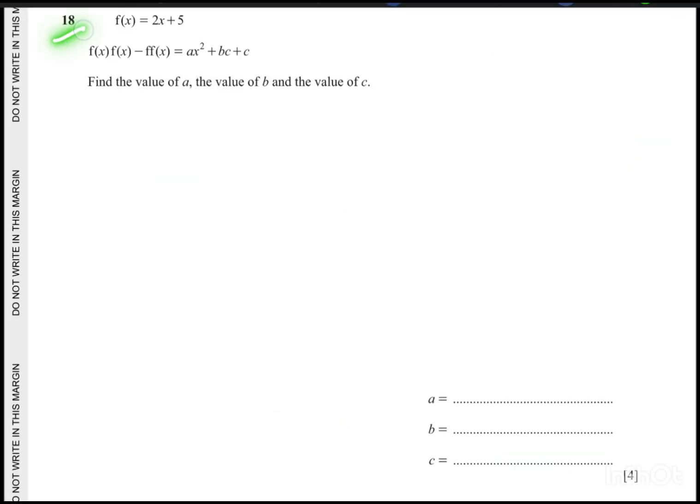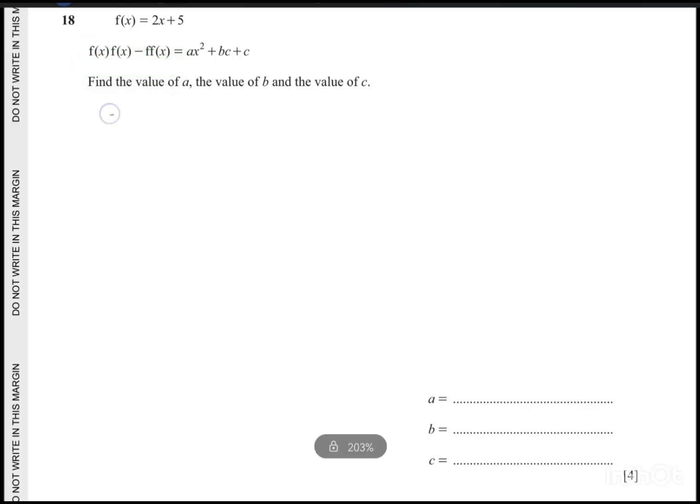Question number 18. f of x is equal to 2x plus 5. f(f(x)) is equal to ax² plus bx plus c. Find the value of a, b and c. So f of f of x means the function applied on f of x again.